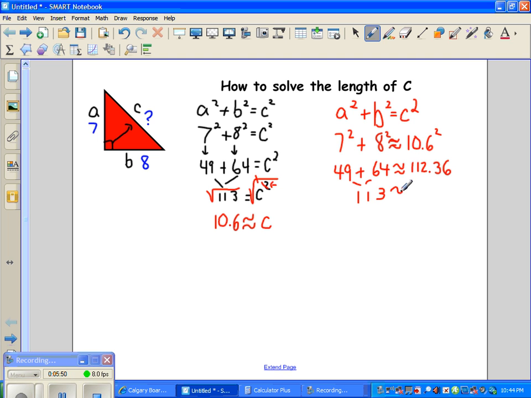And it is about 112.36. So our answer of 10.6 looks like it could be right. So that's the process for solving C.